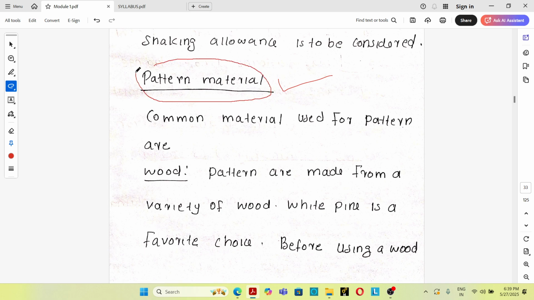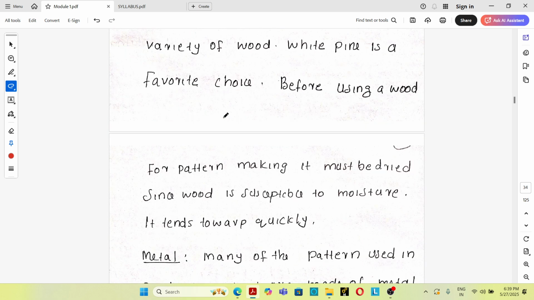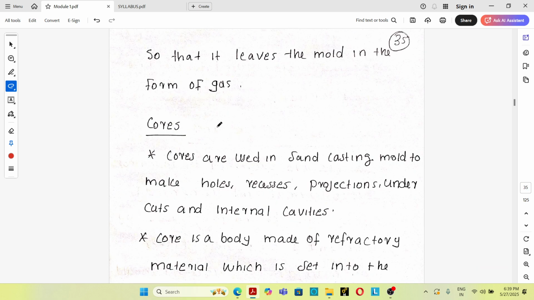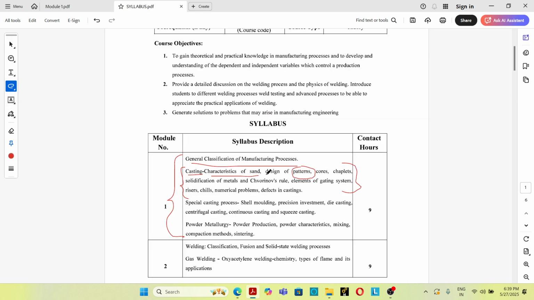What materials are commonly used for making patterns? Commonly wood, metals, polystyrene, etc. will be used. After that is the design of patterns, where we discuss types of pattern, pattern allowance, pattern material, etc.